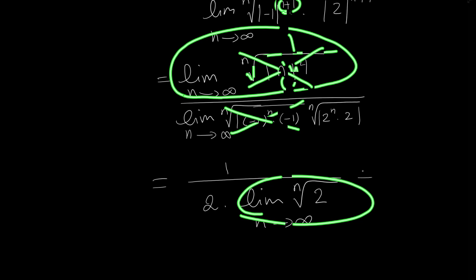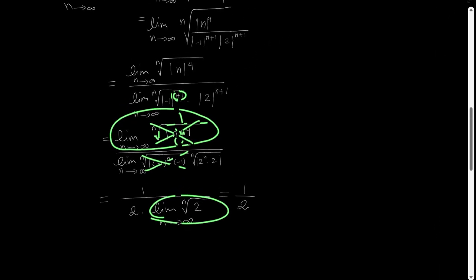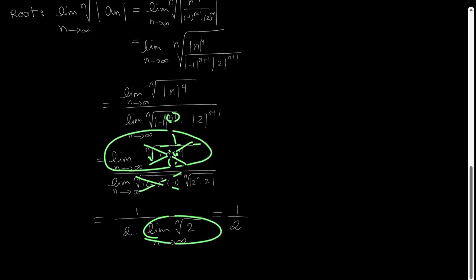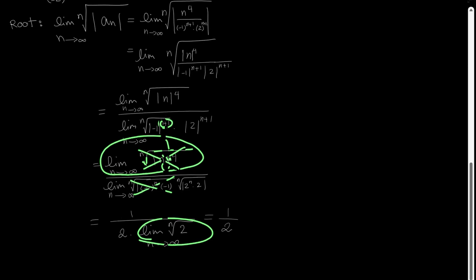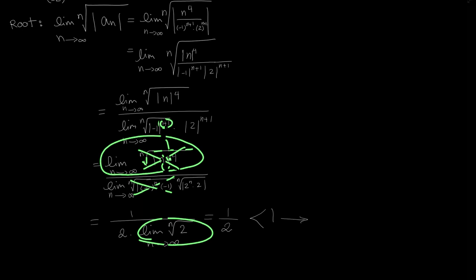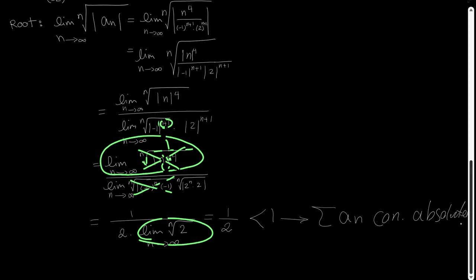So the answer is 1/2 because its denominator is 2 times 1, which is 2. So the answer is 1/2 after you calculate the limit of root n of absolute value of a n. 1/2 is less than 1. So by root test, now you conclude that sigma a n converges absolutely.